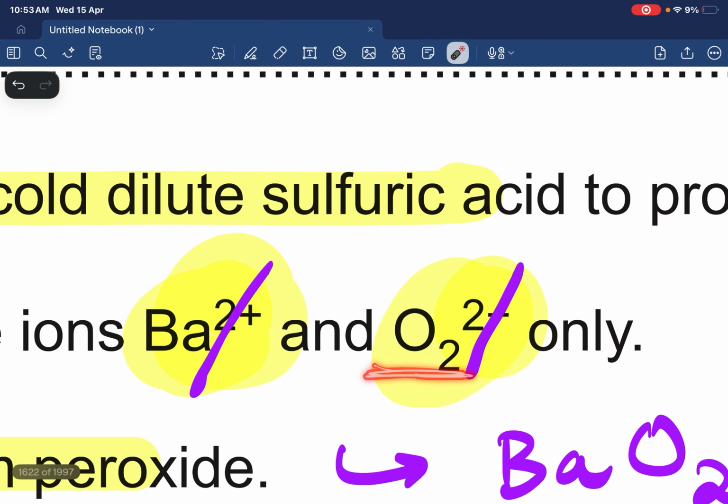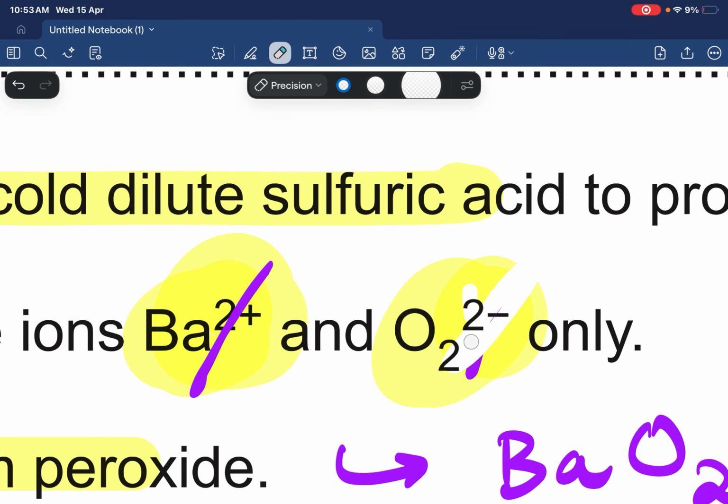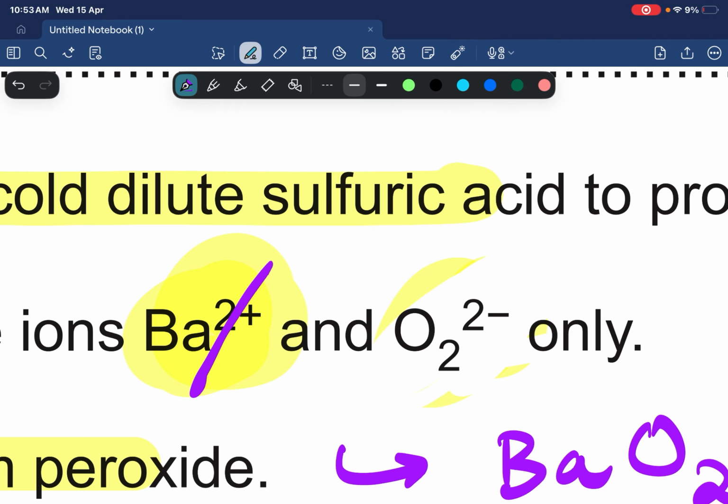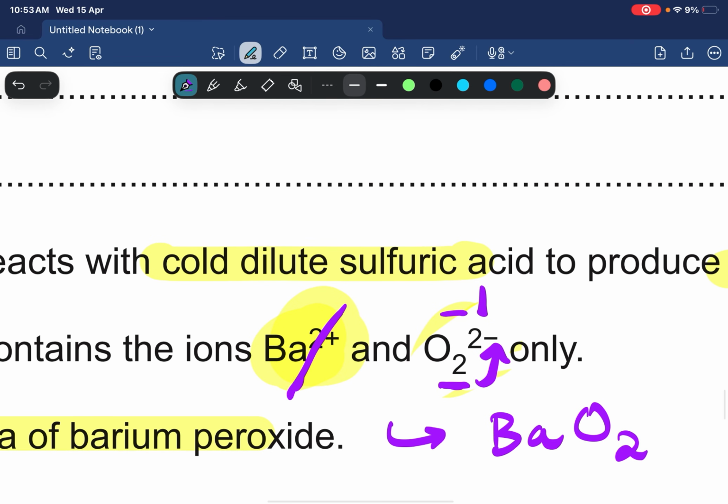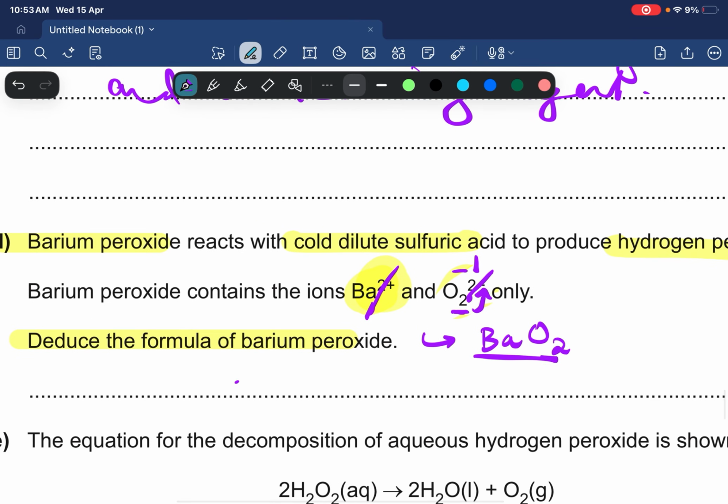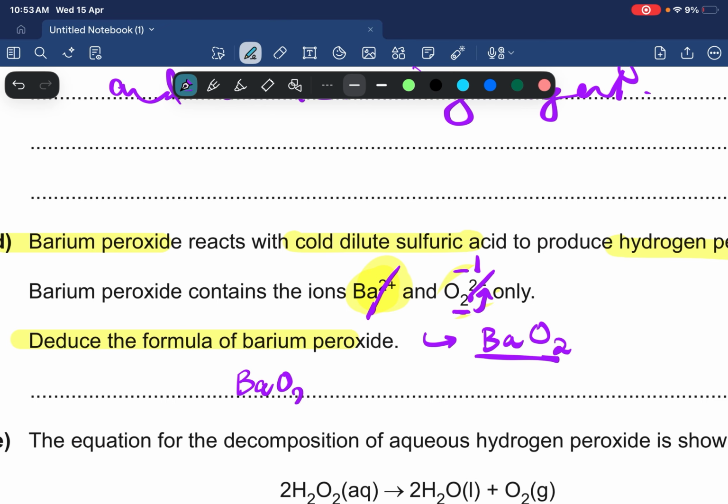This is a peroxide ion in which each single oxygen has a charge of -1, because the 2 oxygens have 2 negative together. I know that's unusual for oxygen, but that happens in this case. So over here, 2 plus and 2 negative cancel to form BaO2. So the formula for this is BaO2. Don't be intimidated by it.